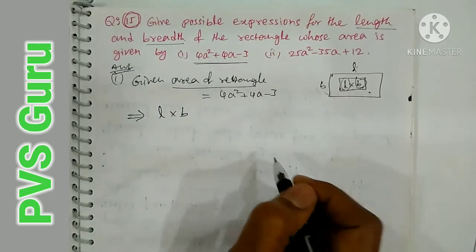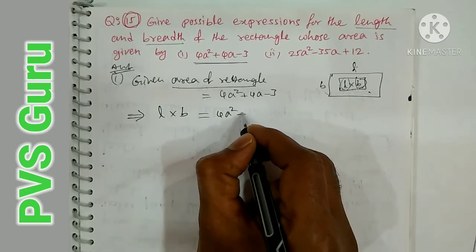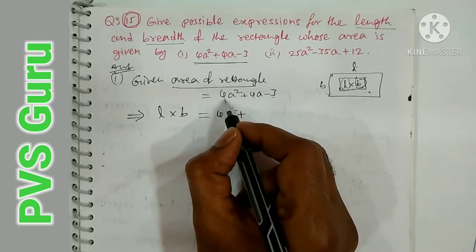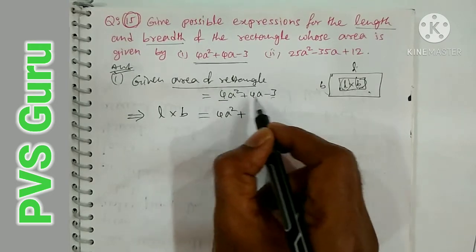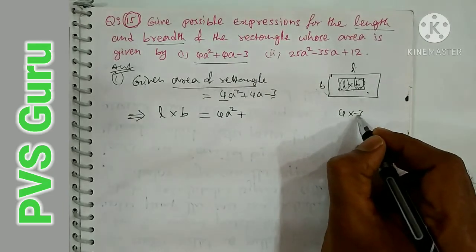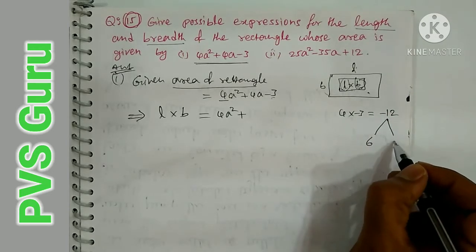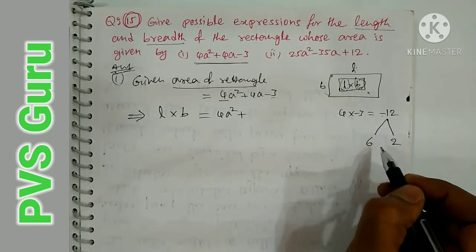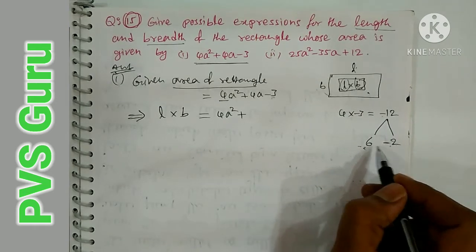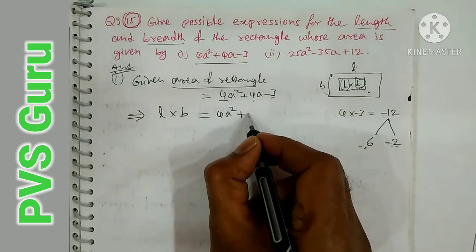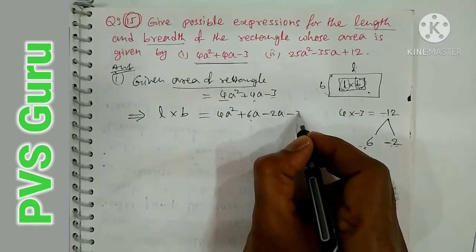Length into breadth is equal to this, which you factorize. 4a square plus 4a minus 3. How should you factorize? Multiply the a square coefficient and the constant term: 4 into minus 3 you get minus 12. Factorize this: 6 2s are 12. Here minus is there, so it is minus 2 into 6. 6 minus 2 is 4, so 4a square plus 6a minus 2a minus 3.